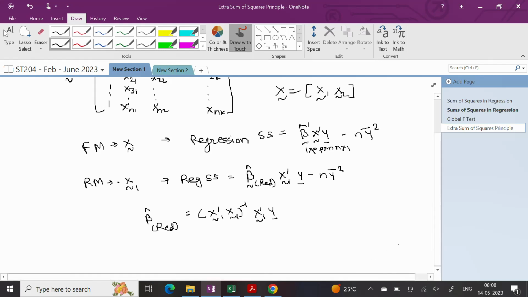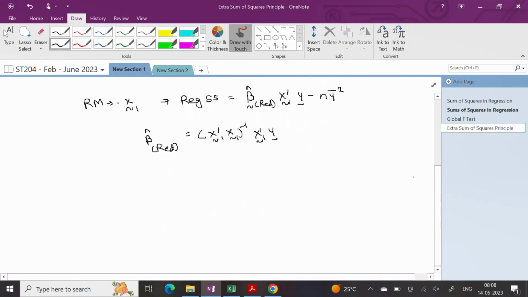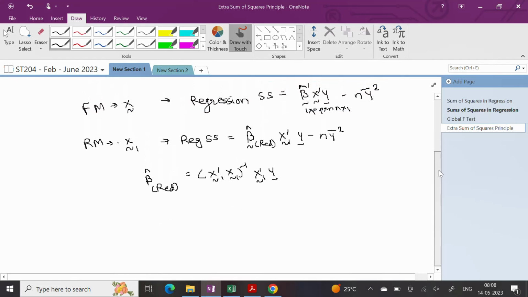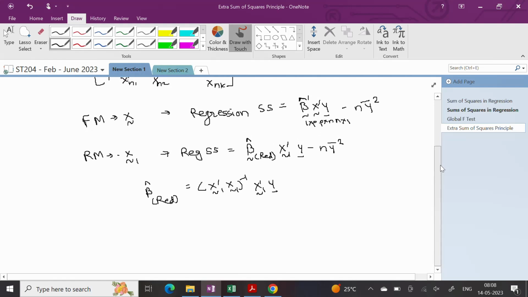So if I now want to consider the difference between these two regression sums of squares, first question, which regression sum of squares is going to be large, the full model or the reduced model? We know that we have more regressors in the full model. So of course, even if it is not significant, still there is going to be a larger contribution.